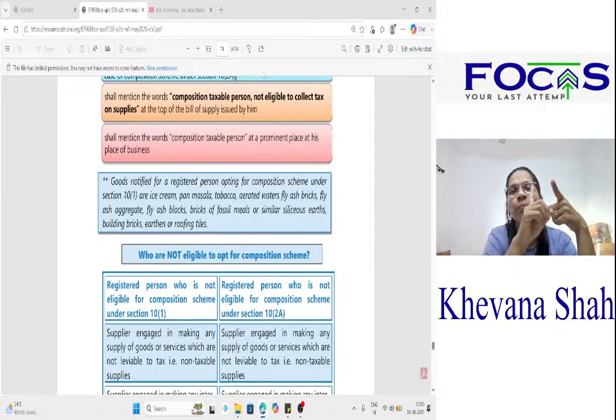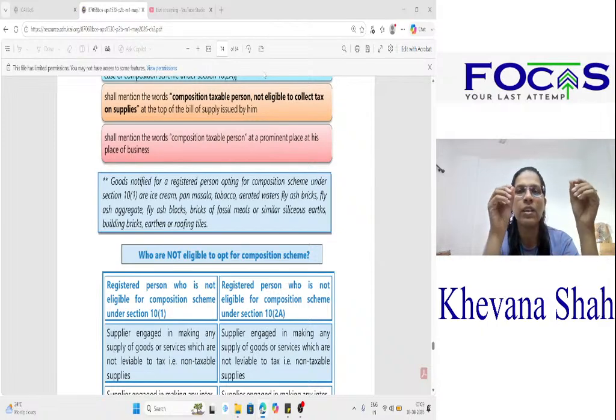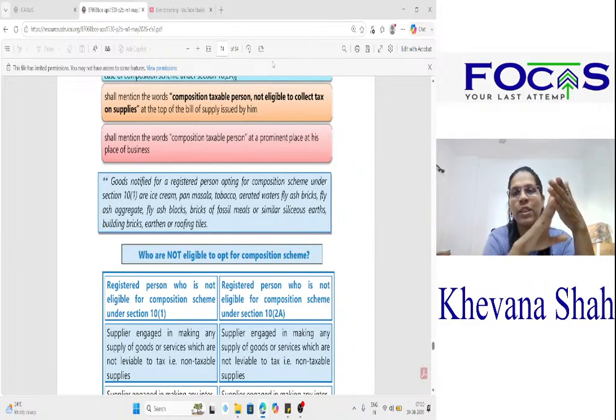These goods are ice cream, pan masala, tobacco, aerated waters, fly ash bricks, fly ash aggregate, fly ash blocks, bricks of fossil meals or similar siliceous earths, building bricks, earthen or roofing tiles. So in case you are supplying any of these goods, then in that case also you are not eligible for opting for composition levy.